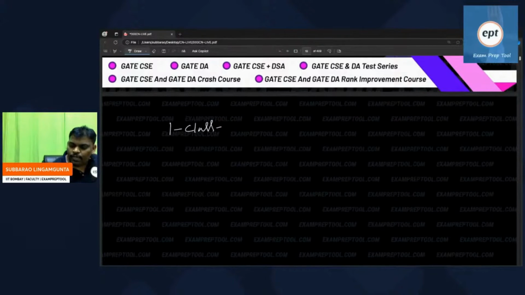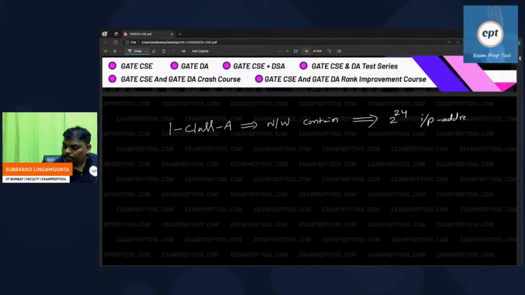One class A network contains how many IP addresses? 2 power 24 IP addresses. These many IP addresses are there.